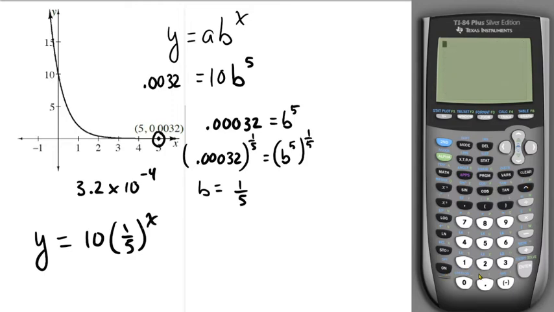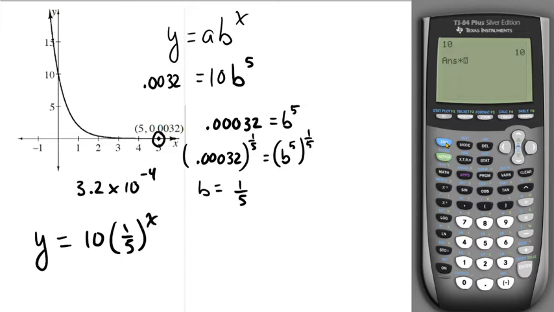So on my calculator, I'm going to go ahead and enter the number 10. If I don't multiply by 1/5 at all, it's going to stay exactly the same. But I'm also going to say times, and I want to ask this thing to display this as a fraction. So I'm going to bring up a fraction.